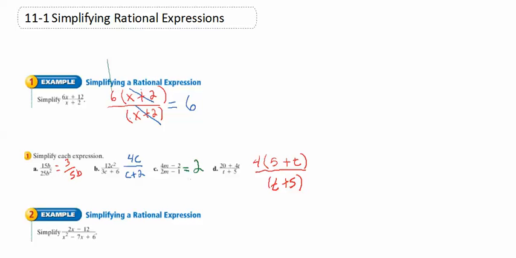Again, this is a quantity, it stays together. Can I rewrite the top as a t plus 5? And I can. So these two can cancel, and what I have left is a 4. Okay, so that is example 1.